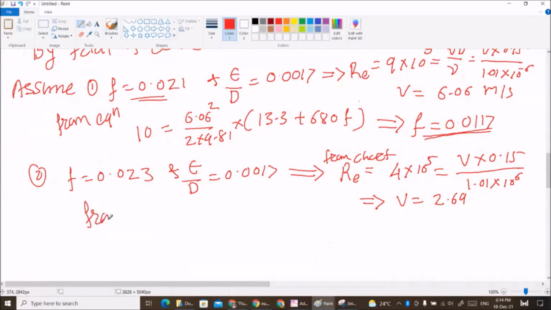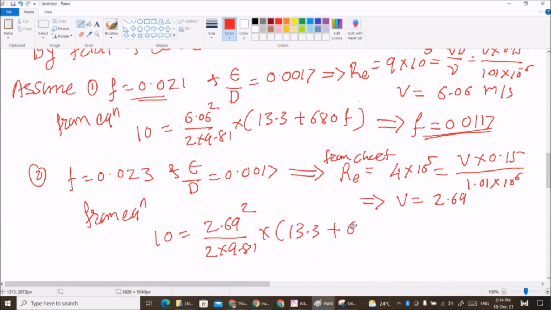So from equation, 10 is equal to 2.69 square divided by 2 into 9.81 into 13.3 plus 680 into f.